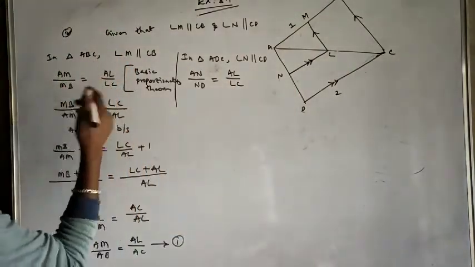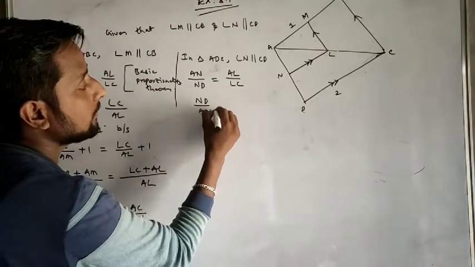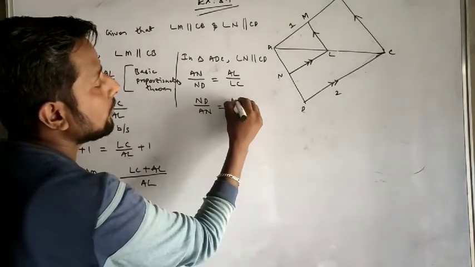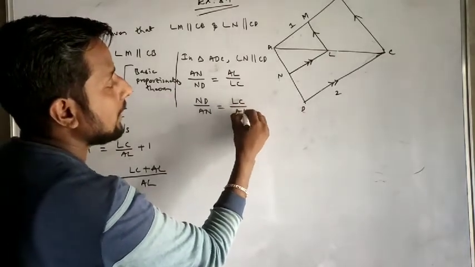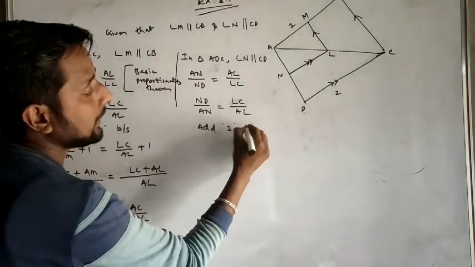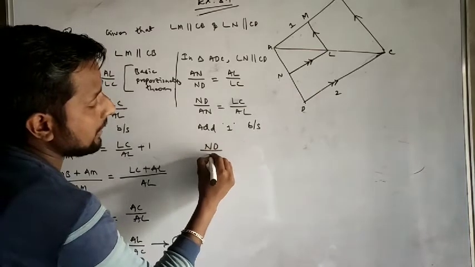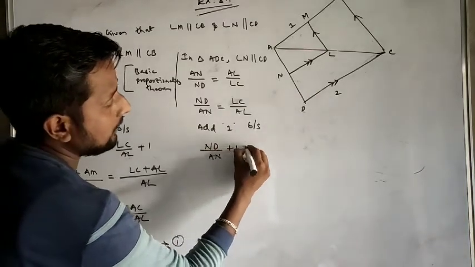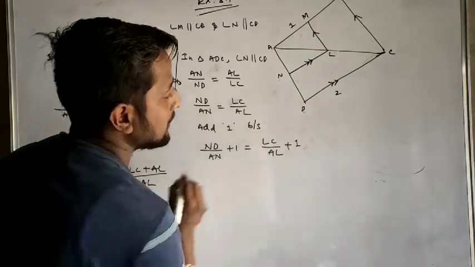Same, make them reverse: ND by AN is equal to LC by AL. Correct? Add one on both sides, we did the same. Then ND by AN plus 1 is equal to LC by AL plus 1.